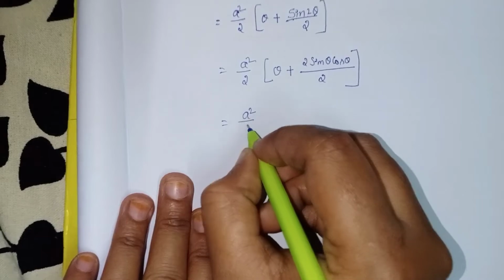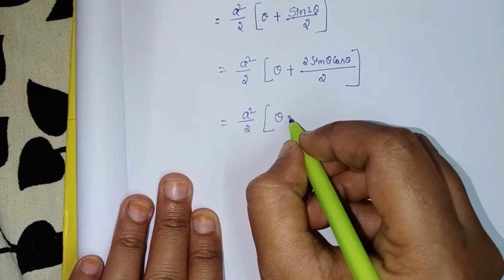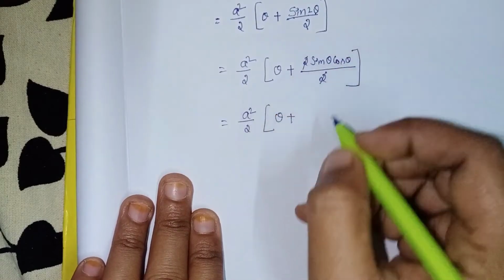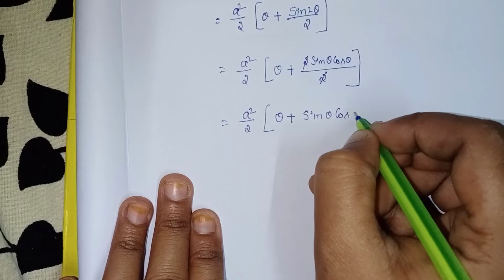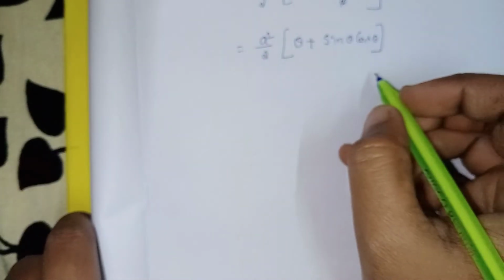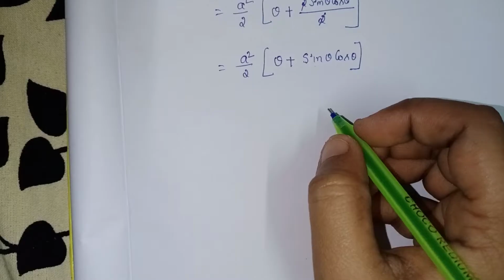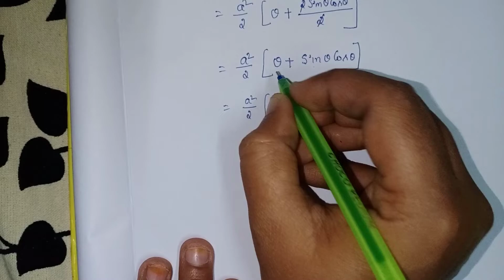A square by 2 into theta plus, the 2 gets cancelled, sin theta into cos theta. See beta, next. A square by 2 into theta.